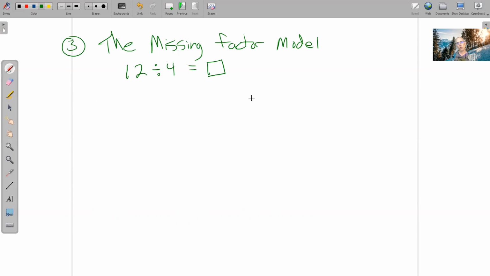If you read it backwards as multiplication, it says what times 4 is equal to 12. And if we know multiplication, we should be able to guess at the result.